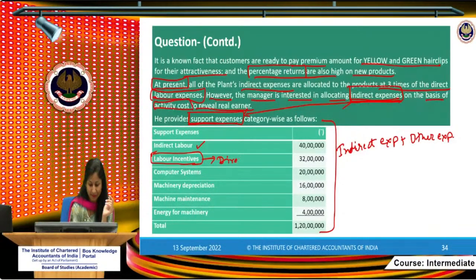Hold on, you will get clear information in the next paragraph, which will affirm this particular difference. Next information we have is the computer system, machine depreciation, maintenance, energies. These are all indirect.